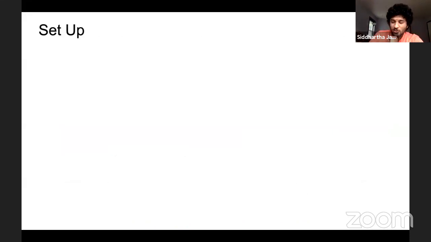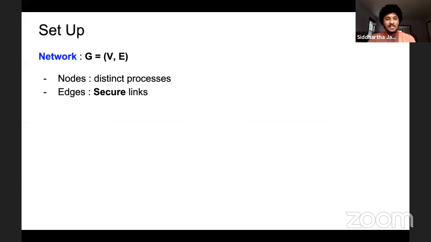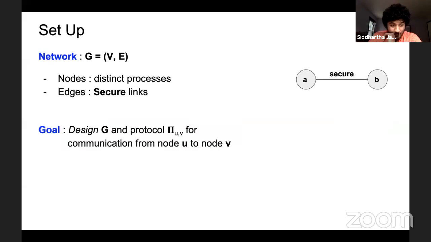So in this work, we're interested in creating secure computational networks, which we'll denote as graphs G equals (V, E). The nodes in these graphs represent distinct processes and the edges represent secure links. So the goal is, given a number of nodes n, to design a graph for them and a protocol pi that tells us how to communicate from any node u to another node v.